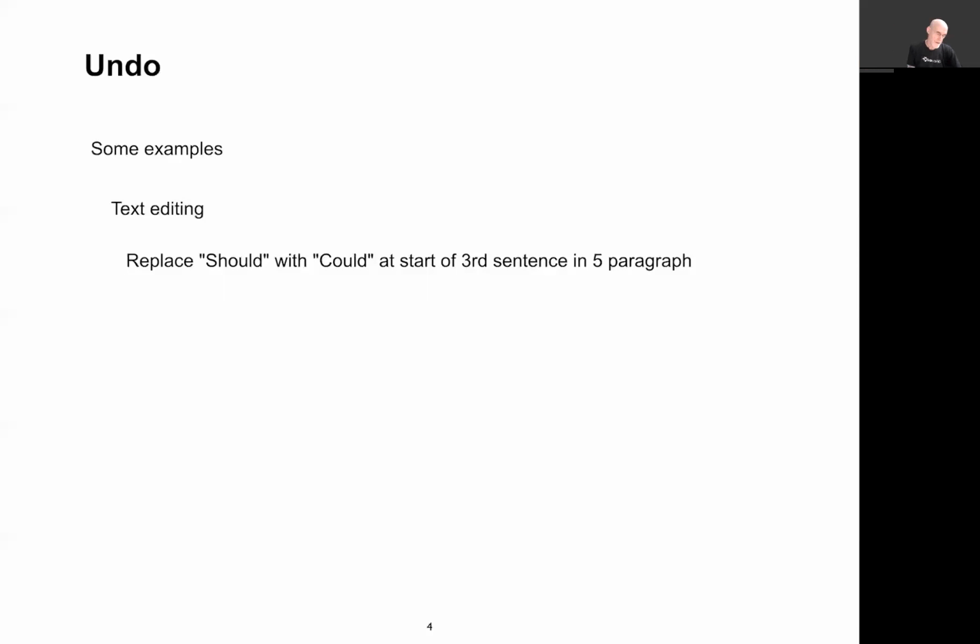Or if I take 3 sentences and delete 2 of them, replace it with a third sentence, right? To undo that, we need information. We need to know the location of the word we replaced and the word we replaced it with, right? If we are replacing lines of text with other lines of text, we need to know what did we pull out, where did we pull them out, and what did we put in, right? So if we're going to store information, we need to store a lot more information here to be able to undo that operation.